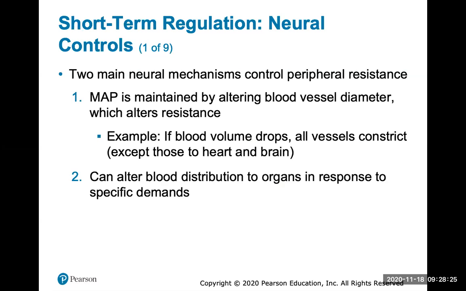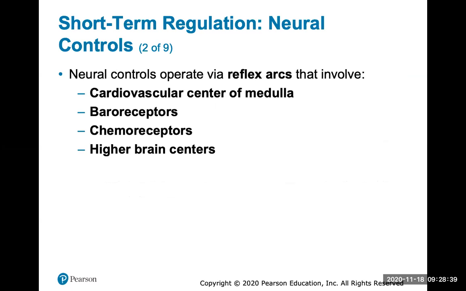Two main neural mechanisms control peripheral resistance. It is maintained by altering the blood vessel diameter, and it can alter the blood distribution to organs in response to specific demands. So your neurons will control operating reflex arcs that involve the cardiovascular center of the medulla, baroreceptors, chemoreceptors, and higher brain centers.